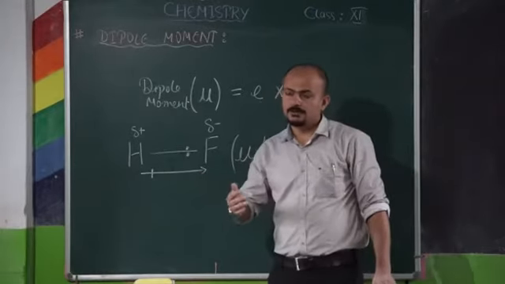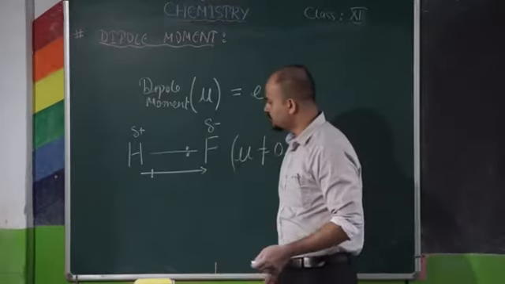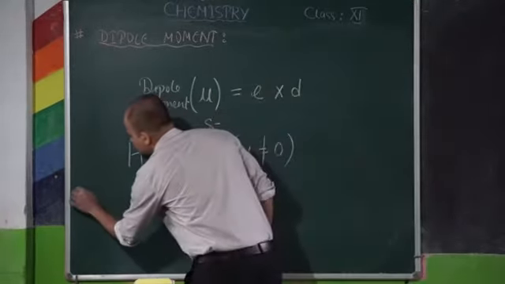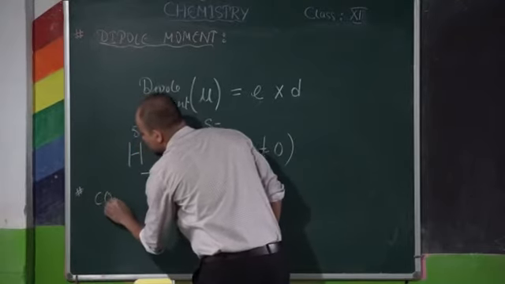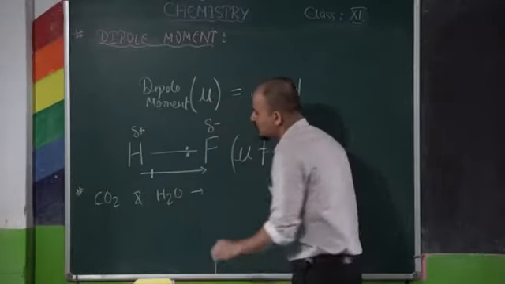Now, let's discuss more complex compounds. Let's take another example, triatomic molecules, carbon dioxide and water. Here you don't have only one bond.